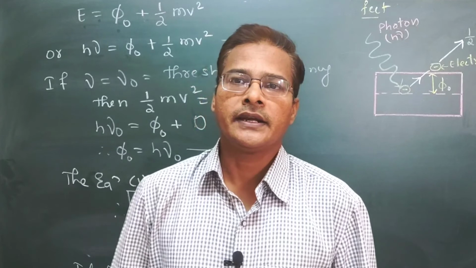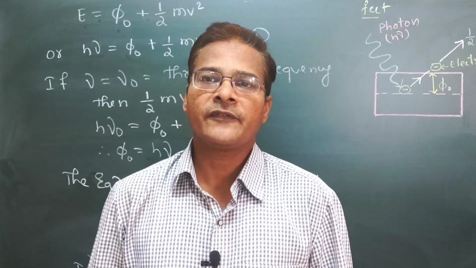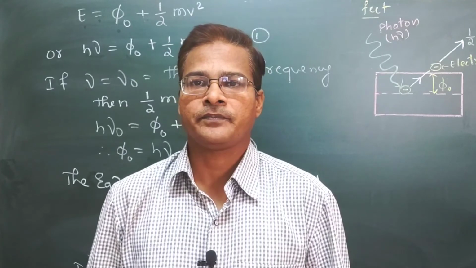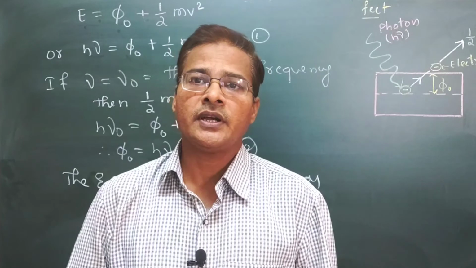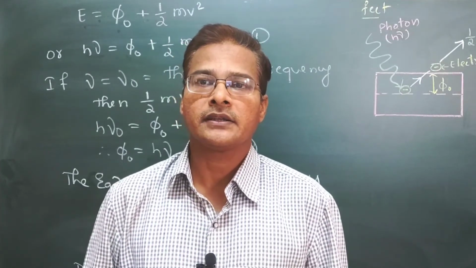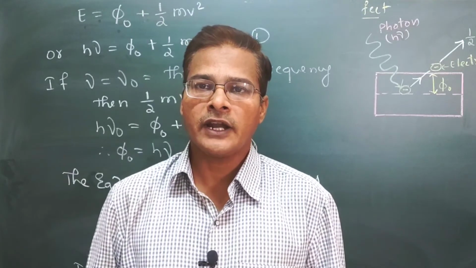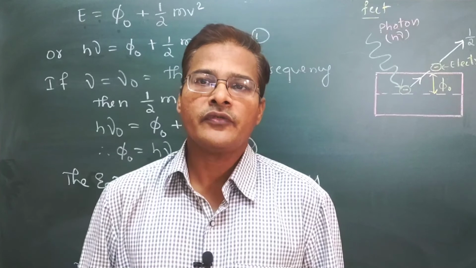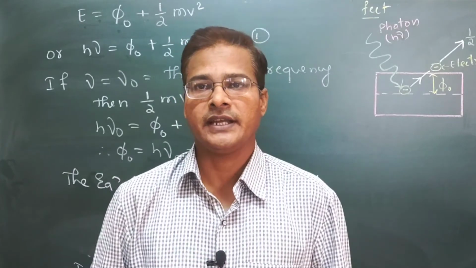So that means the photoelectric effect is instantaneous, because the collision between the photon and electron, which are microparticles, takes place in a very short time, of the order of 10 to the power of minus 8 second.